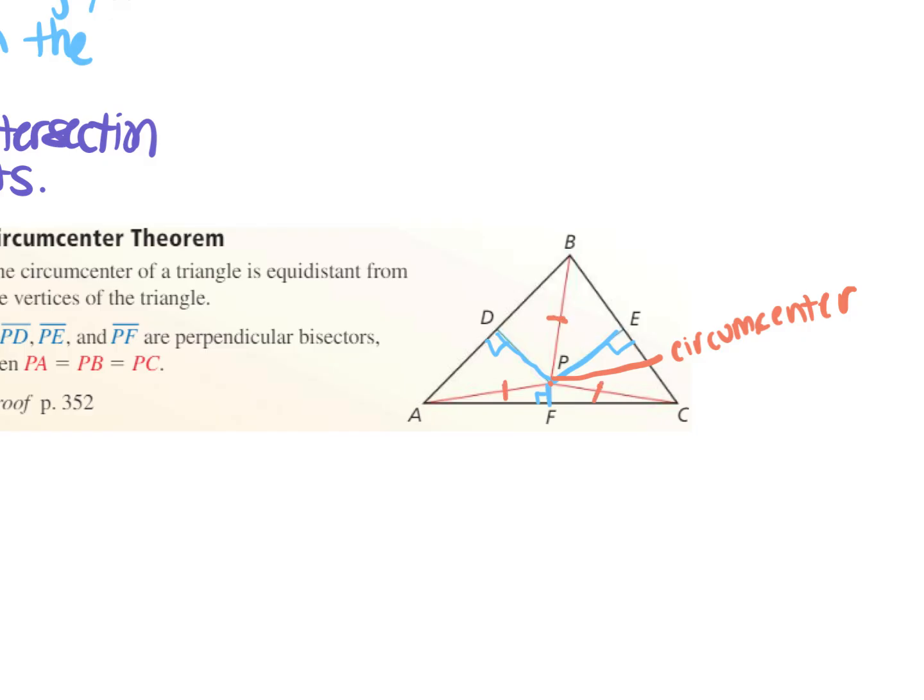So when you have a circumcenter, the distance from the circumcenter to each of the vertices of the triangle is equal. That's the special relationship. So you are going to have to go back and look at the theorem and say, okay, what is going to be equal in this case? Okay?